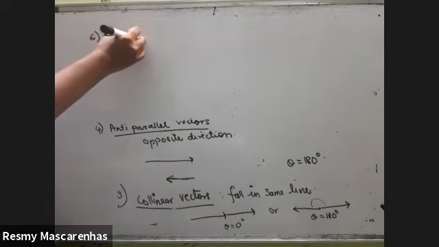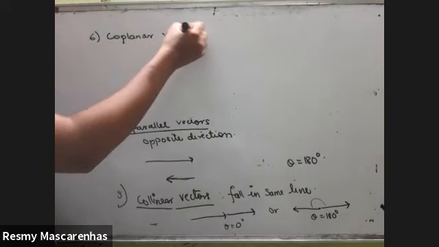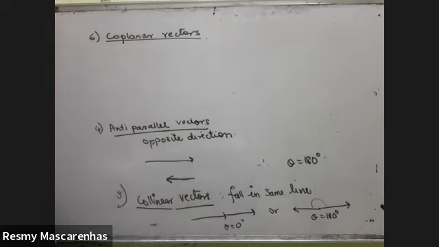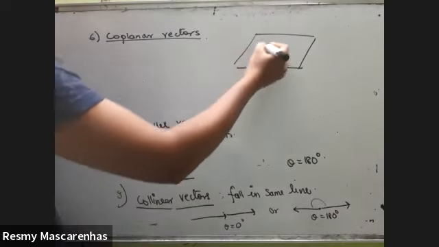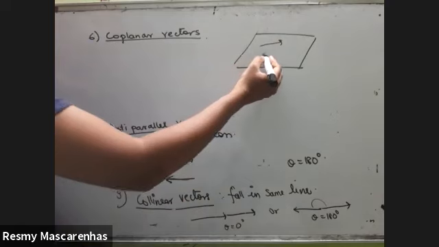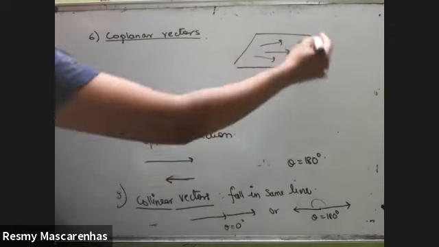Next is coplanar vectors. They all lie in the same plane. Means all the vectors like on one of your wall, or everything on the ground like that. They're all in the same plane.